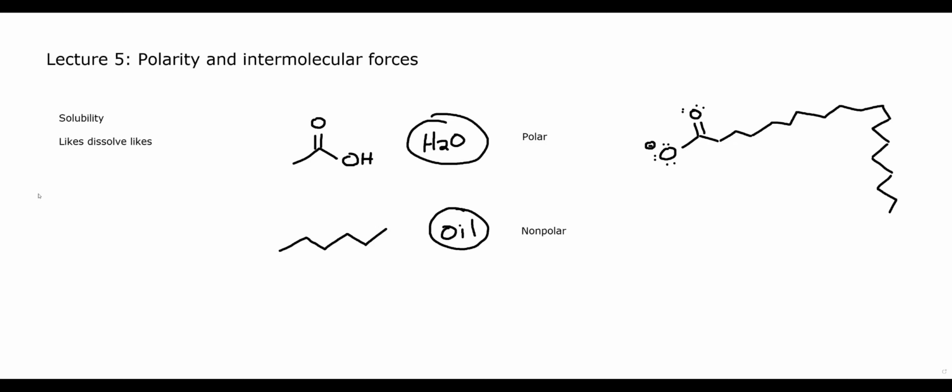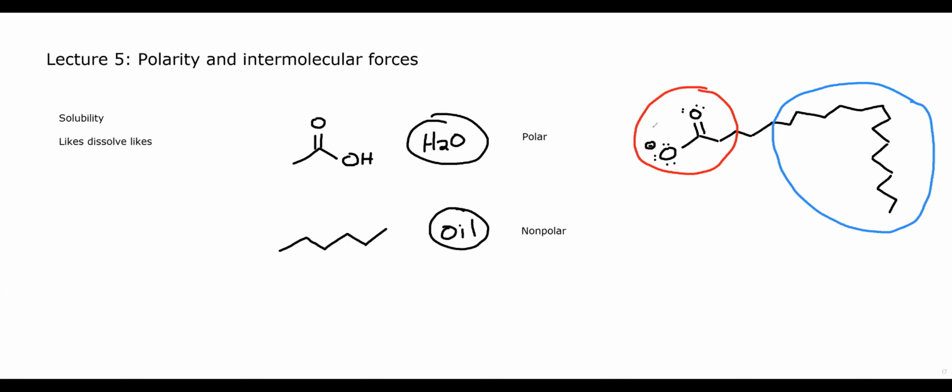So we sort of have this polar group on one end, and then we have a very non-polar group on the other end. So soaps have the ability to combine both polar things and non-polar things, okay, because they have both a polar section and a non-polar section on them.